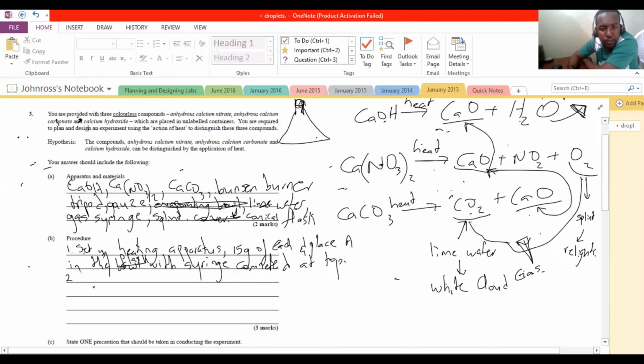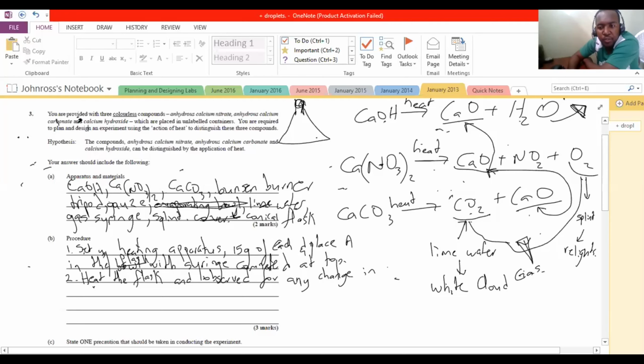So step 2, heat the flask and observe for any change in syringe volume.